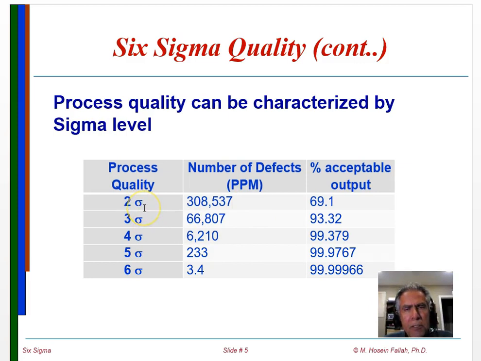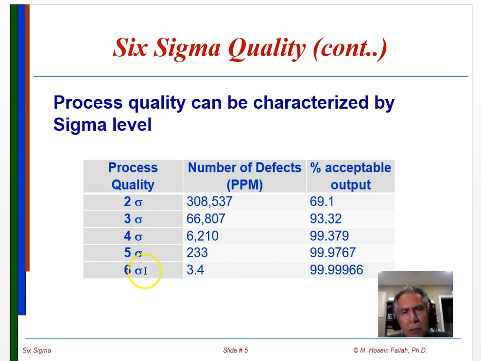As the process is improved and variation is reduced, moving to 3 Sigma, 4 Sigma and 5 Sigma, we can see at 5 Sigma the number of defective outputs per million is reduced to 233, corresponding to 99.97% good output.